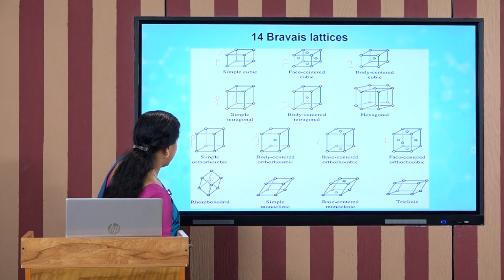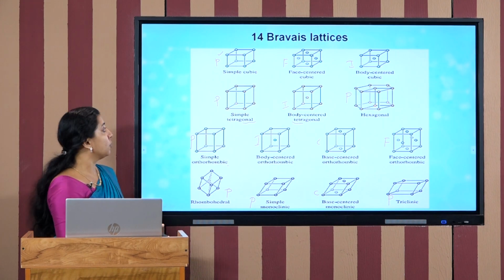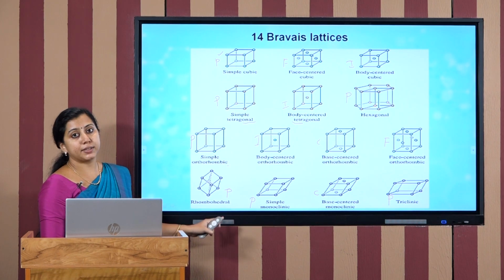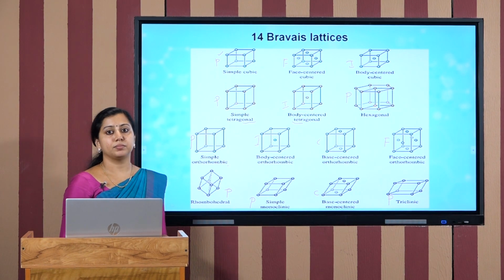And in rhombohedral, it's a primitive type. Hexagonal is of primitive type. Then monoclinic, again a primitive type, and also a base centered, and triclinic having a primitive type. Okay. So, all these together corresponds to the 14 Bravais lattices.